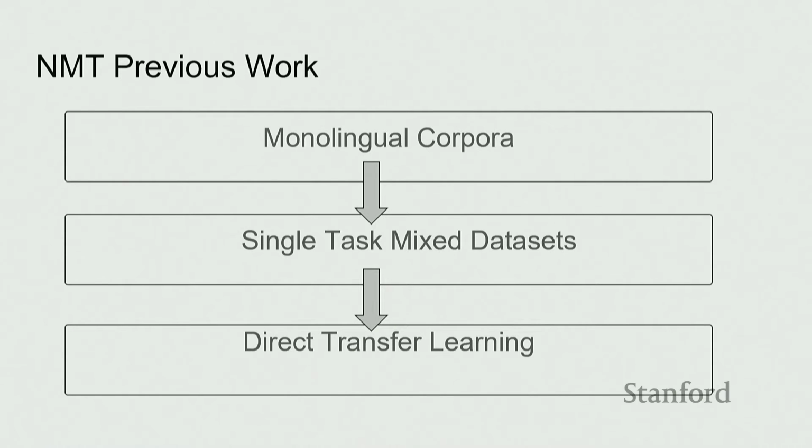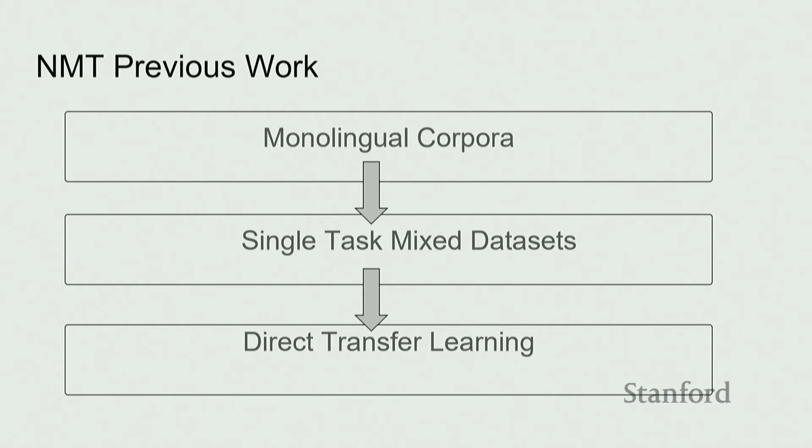Basically, neural machine translation first started off targeting large monolingual corpora, like just English to German or English to French. Slowly over time, different papers came out treating multiple languages at the same time in the context of a single task learning procedure.